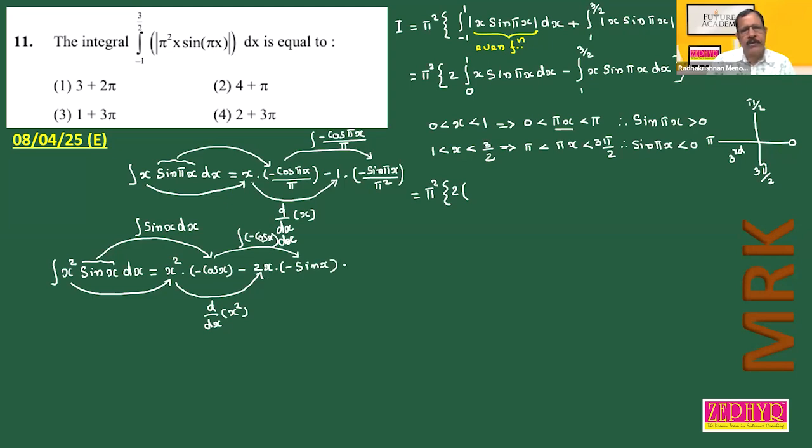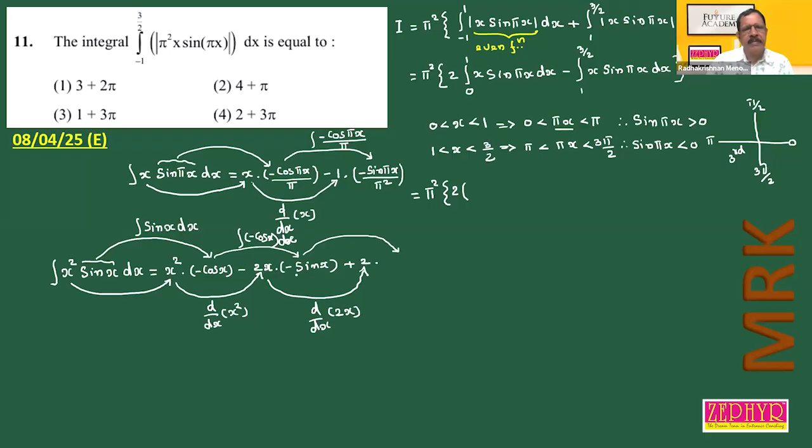Now, next you change the sign from minus to plus. Now, what about this term? That is derivative of 2x. What is derivative of 2x? That is 2 into. Now, what about next term?